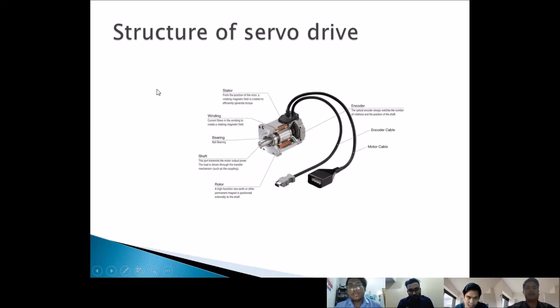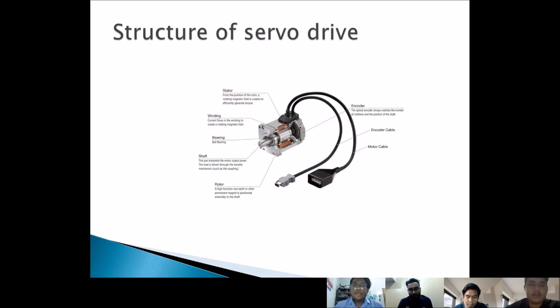Next, this is a picture of the structure of a servo drive. In this servo drive, there are several parts that I want to explain this evening. Firstly, there's the stator. From the position of the rotor, a rotating magnetic field is created to efficiently generate torque.